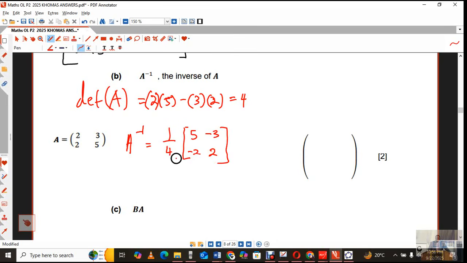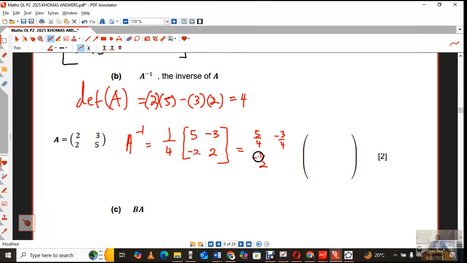You can actually decide to multiply that 1/4 into each one of them. If you were to do that, and let me write it in here, a quarter times that, you will get 5 over 4. A quarter into that, you get negative 3 over 4. A quarter into that, you get negative a half.